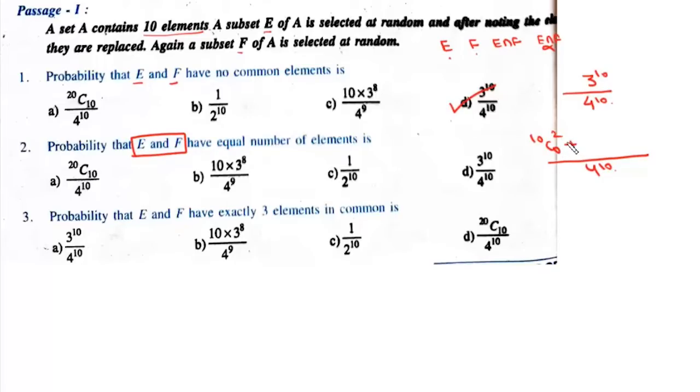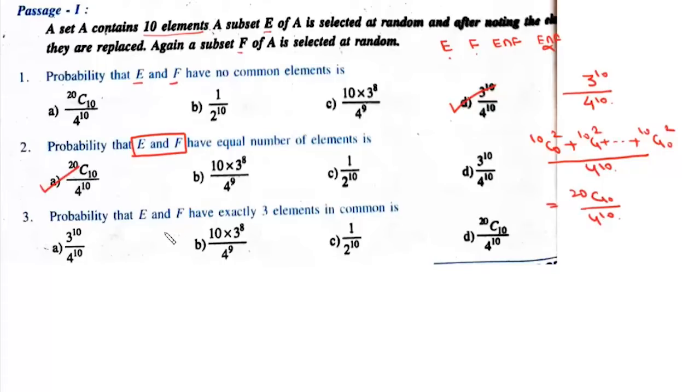Now one element in E and one in F: one in E is 10C1 and one in F is also 10C1, so it will be 10C1 square, and it'll continue all the way up to 10C10 square. We know that nC0 square plus nC1 square up to nCn square is given by 2nCn. So it will be 20C10 upon 4 to the power 10, and that's your option A.